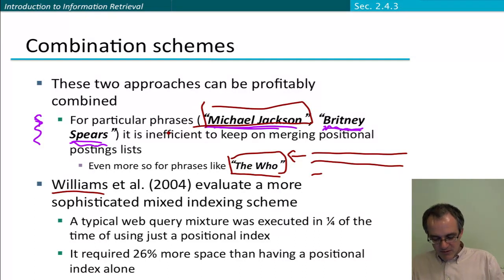What they were able to show was that with a typical web query mixture, you could execute it in one quarter of the time of the positional index alone by also indexing some bywords, at the cost of only taking 26% more space than the positional index alone. So that makes it look a fairly appealing trade-off to augment a positional index with common bigrams.